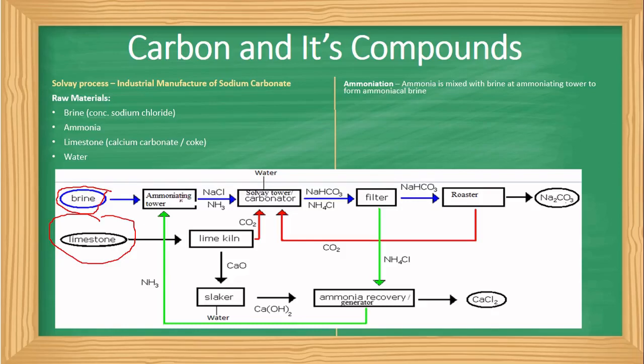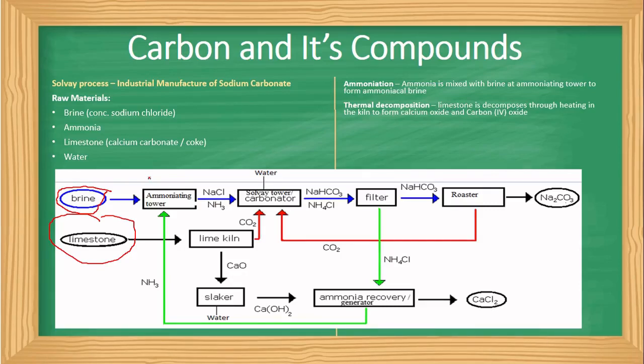In the ammoniating tower here, this brine comes in, and ammonia is mixed with it to form what is called ammoniacal brine. So this is the process that is called ammoniation. It is the first process.